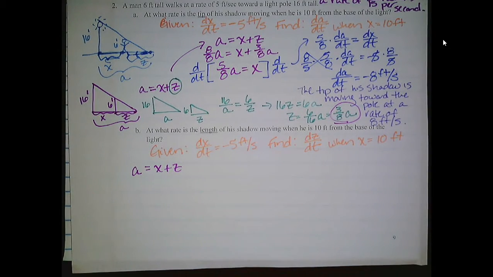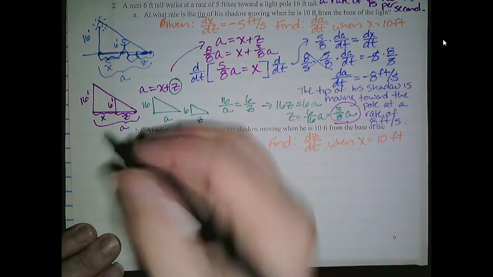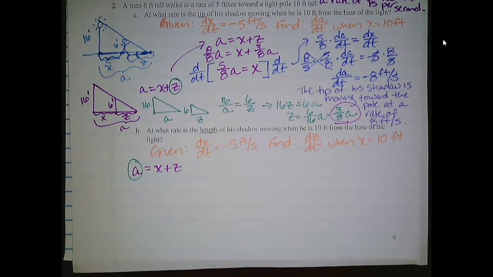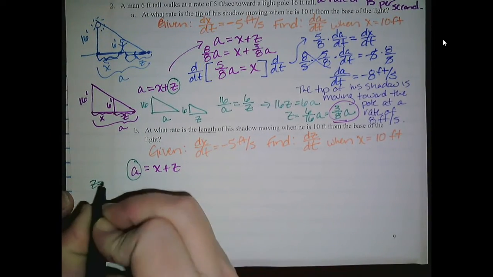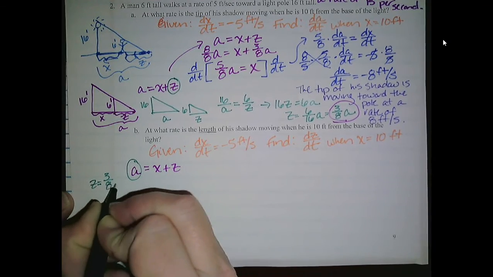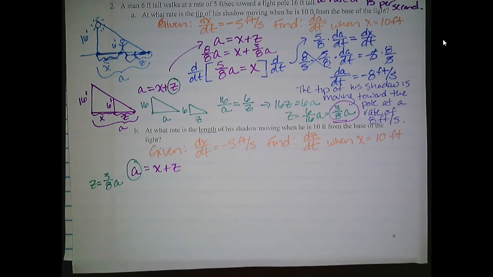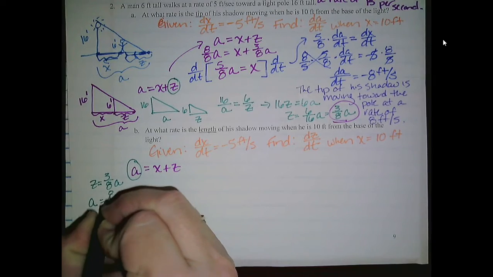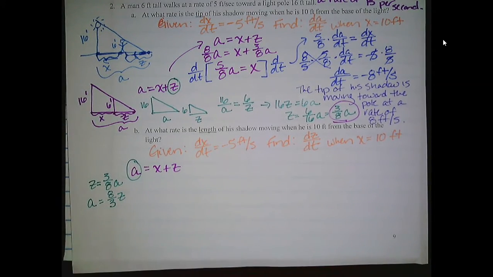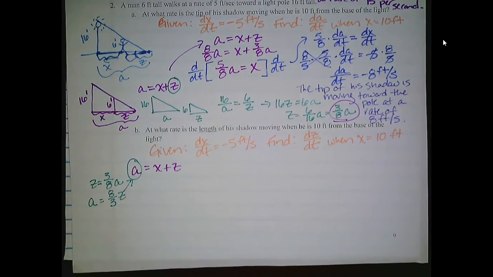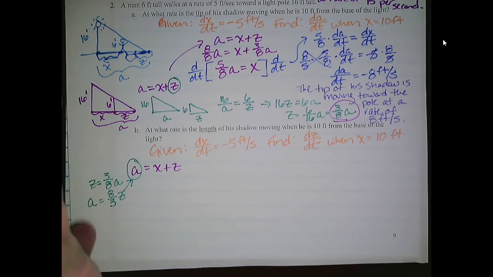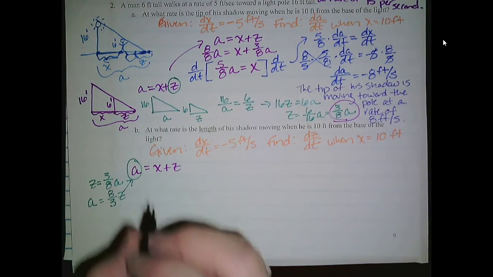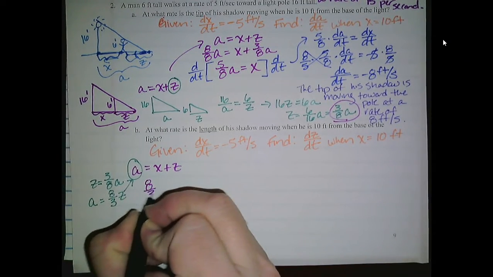So this time, I need to get rid of A. Well, we said before that z is equal to 3/8 times A. Well, if that's true, then A is equal to 8/3 times z. So we can use that information now to remove A from our equation. So instead of A, I'm going to put 8/3 z.